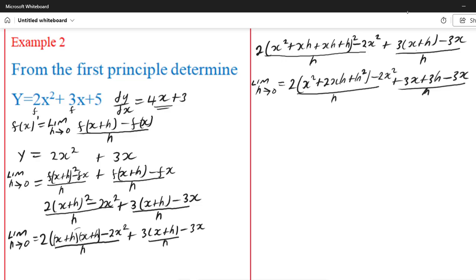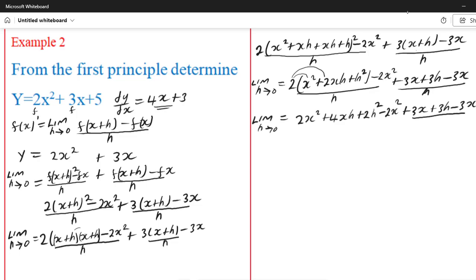So in this case, we also open this bracket, and then the limit of h as it approaches 0, we open bracket, we have 2x squared plus 2 times 2, because we are opening the bracket, 2 times 2 will have 4xh, plus 2 times h squared, that is 2h squared, and then we have minus 2x squared, then plus 3x plus 3h minus 3x.